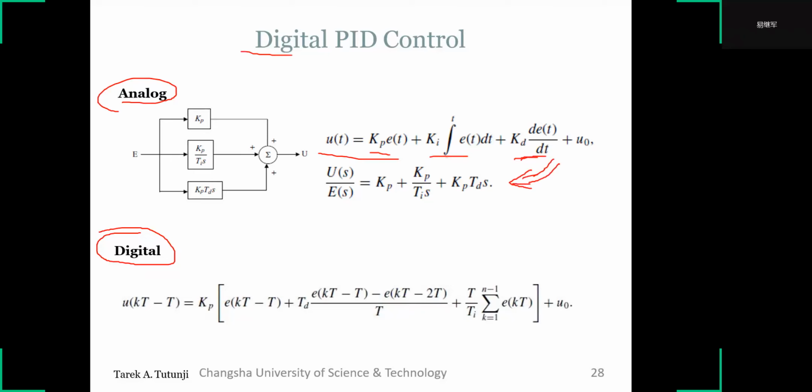This is the PID control, analog. Here we can change the analog type to the digital type.